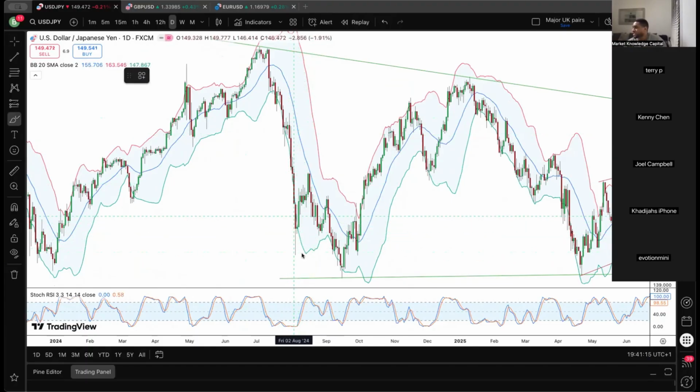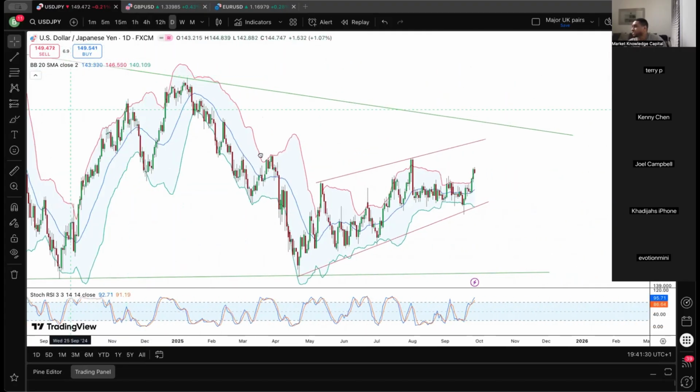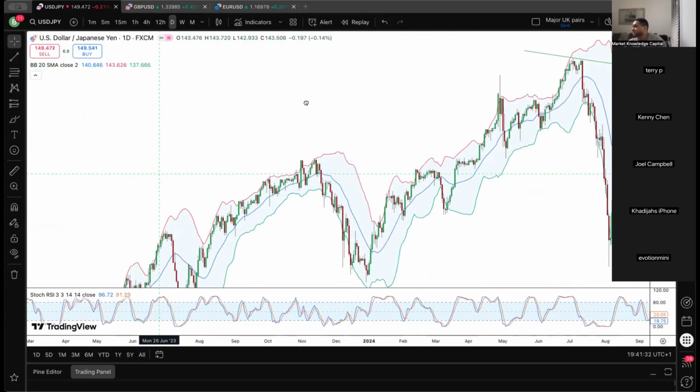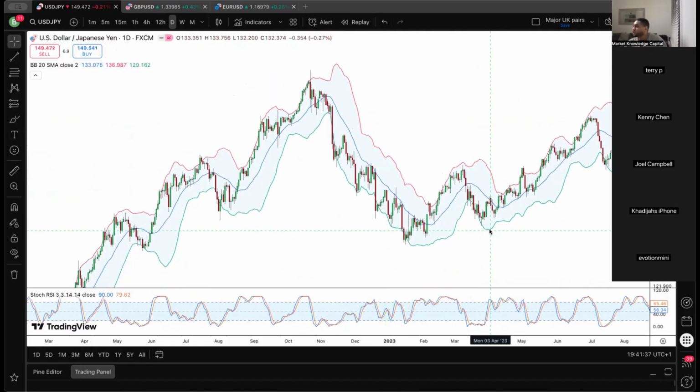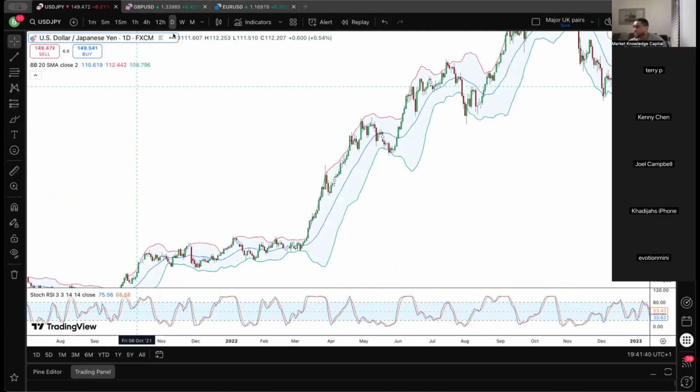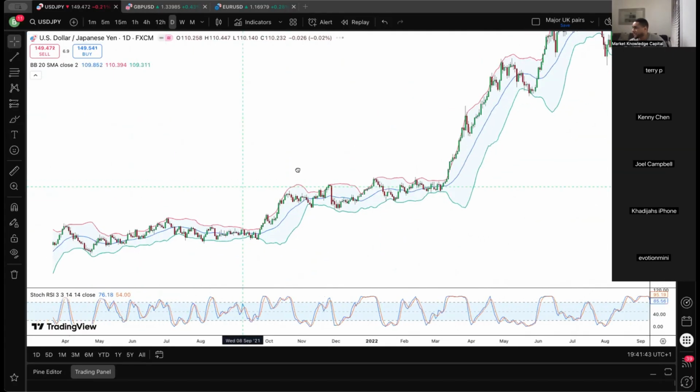If anything, it's going to keep breaking out and going above and beyond the limitations of the Bollinger Band. So you always want to identify what trend we're in, and depending on the trend, how to identify what it's going to do within the Bollinger Bands once it starts to consolidate.